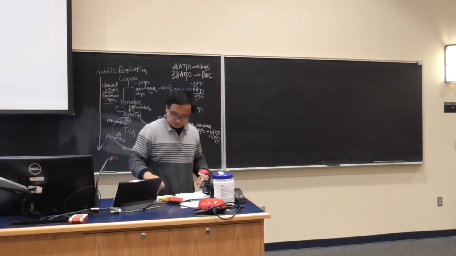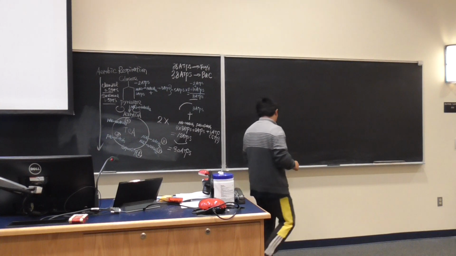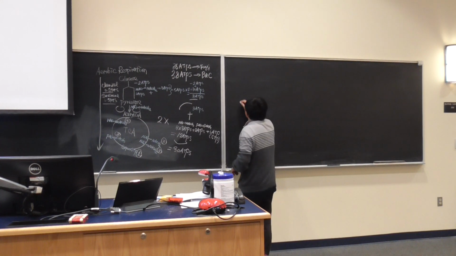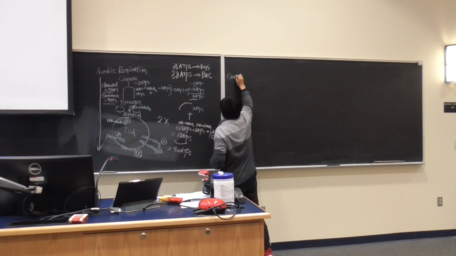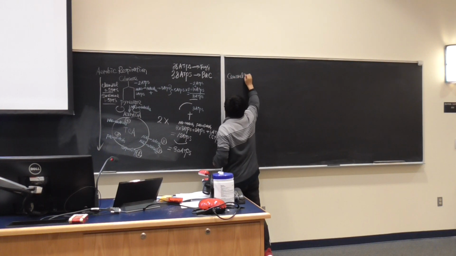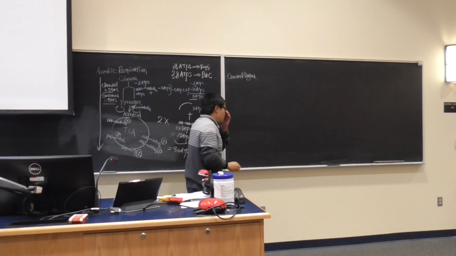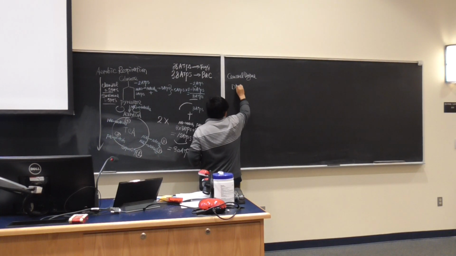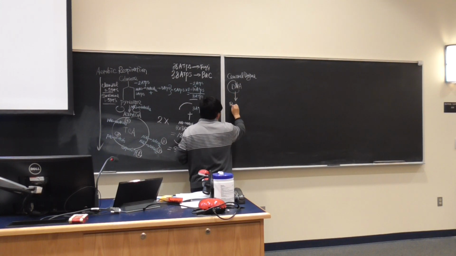Next, we want to also briefly go over what we talked about already. When we went to the genetics part, we were talking about the central dogma. That means DNA goes through replication, and then DNA becomes RNA, which is called transcription.